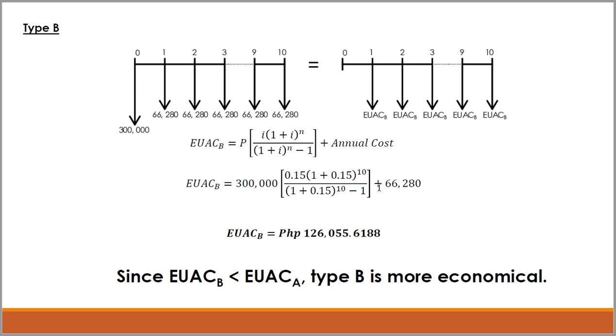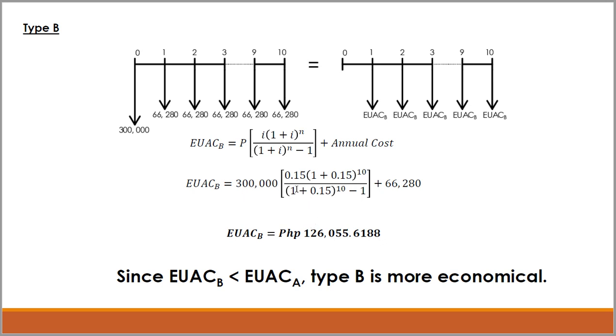And then we just add our annual cost. And the resulting value, our equivalent uniform annual cost for type B, is 126,055.6188 pesos. So whichever is cheaper would be chosen.